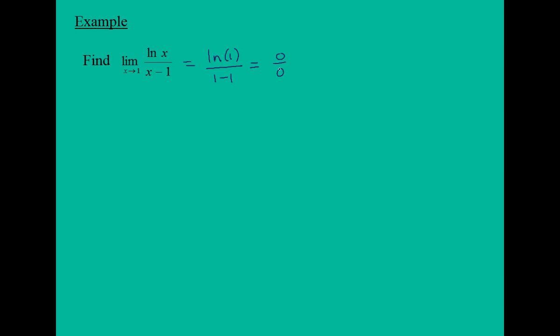Now, L'Hopital's rule says if we get the indeterminate form 0 over 0, we can take the derivative of the numerator divided by the derivative of the denominator. We're not applying the quotient rule.